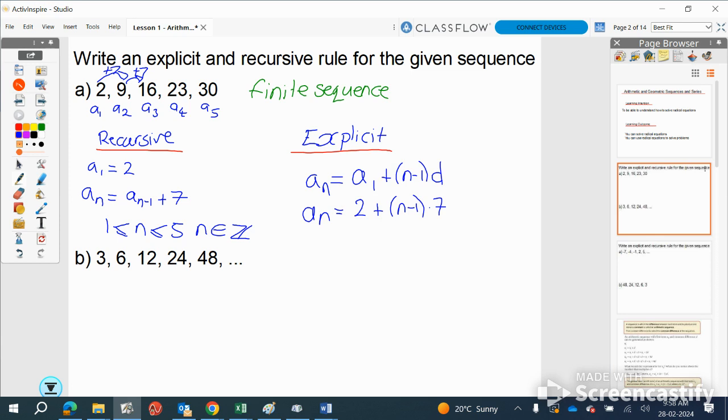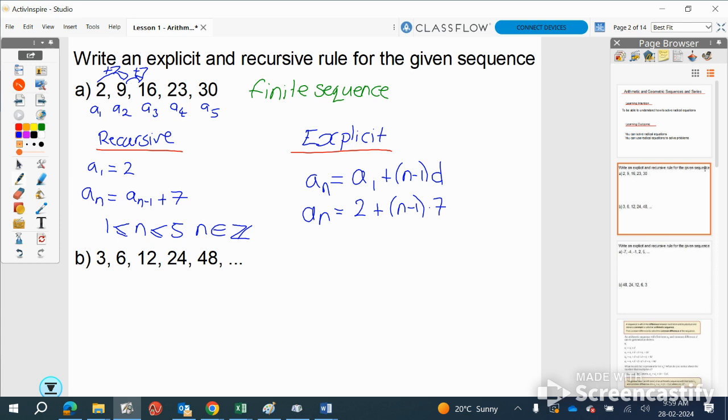For instance, the first term in the sequence, we don't need to add 7 to get to it. We're already there. So the second term, we need 1 lot of 7 added, hence the n minus 1. To get to the third term, we need 2 lots of 7. We need to go plus 7 plus 7.